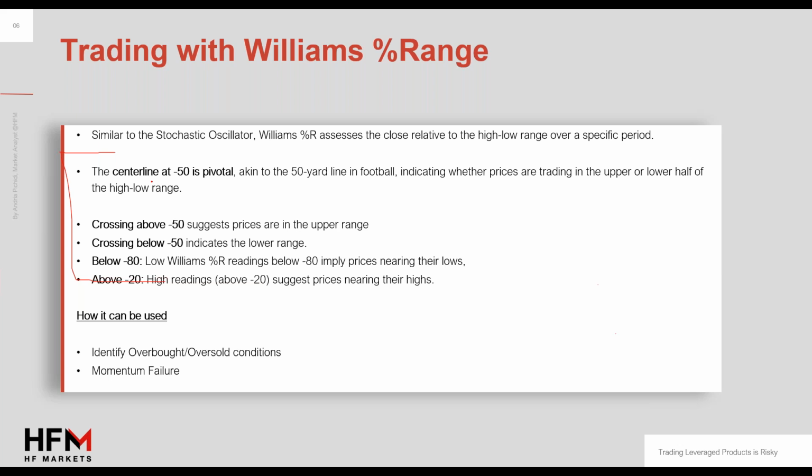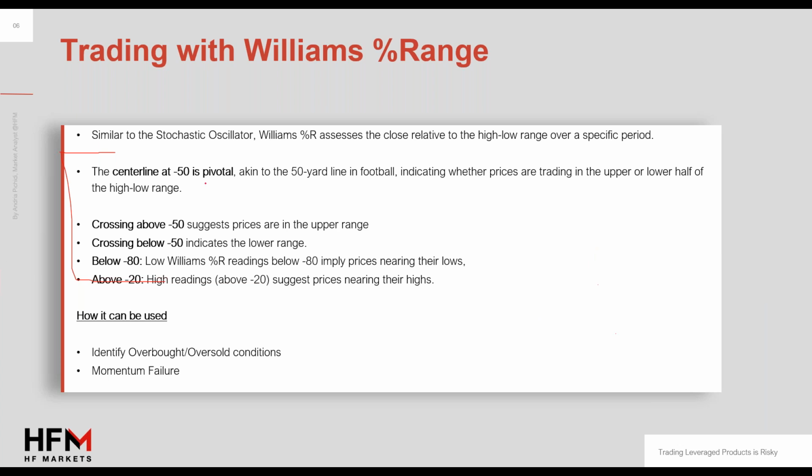The center line, which is the minus 50, the mid area of the Williams percentage indicator. Any crossing above or below the minus 50 could be an early signal that the prices are trading in the upper or in the lower half of their range.